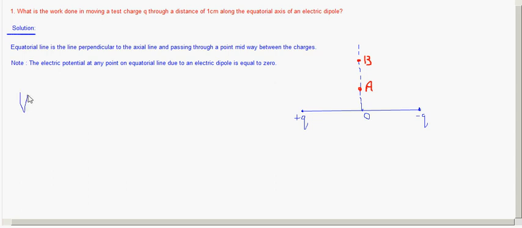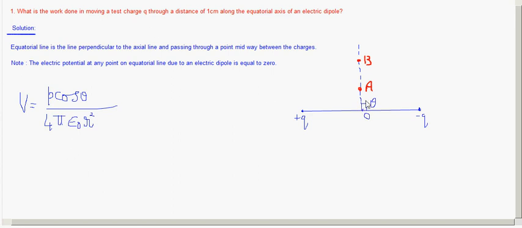So the potential at any point r due to a dipole is given by V is P cos theta divided by 4 pi epsilon naught into r square. Now theta here is equal to 90 degrees.